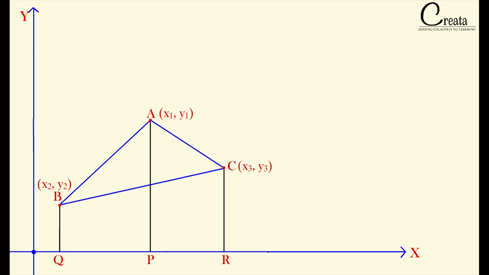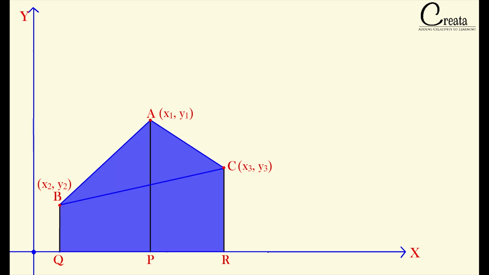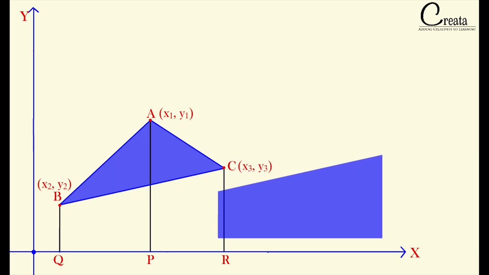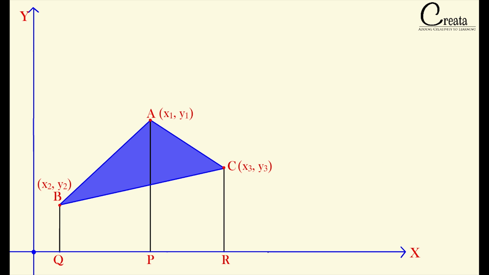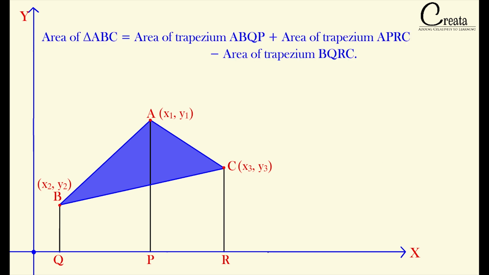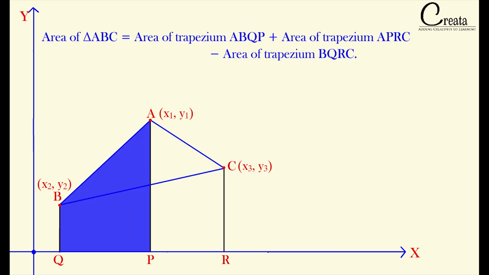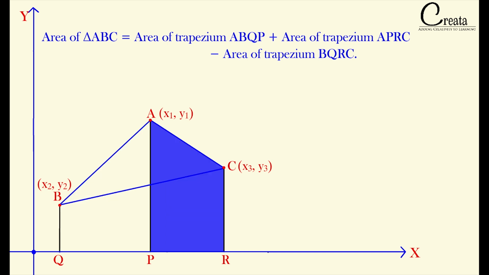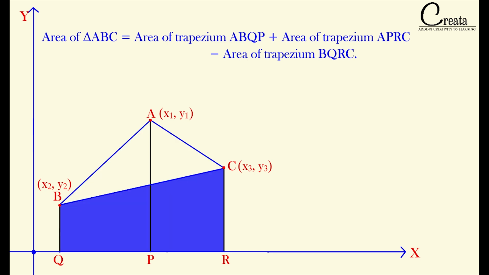So based on these three trapeziums, can we find the area of this triangle geometrically? Let's try. Can we say area of this triangle is equal to addition of these two trapeziums minus area of this trapezium? That is, area of triangle ABC is equal to area of trapezium ABQP plus area of trapezium APRC minus area of trapezium BQRC.